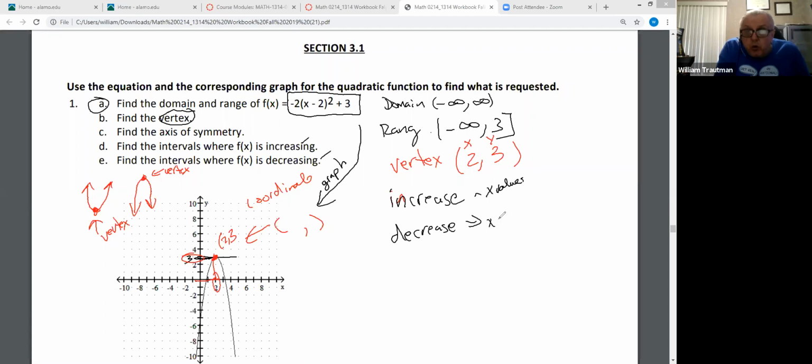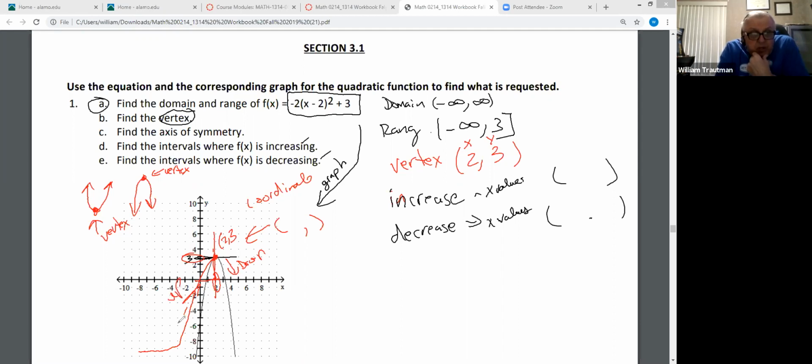We're talking about the X values in interval notation, not a coordinate. Even though it looks like a coordinate, we're talking about it in interval notation. So if you look here, if you move from left to right, the left side of this graph goes up. This graph goes up until this point right here. Then it starts going down.